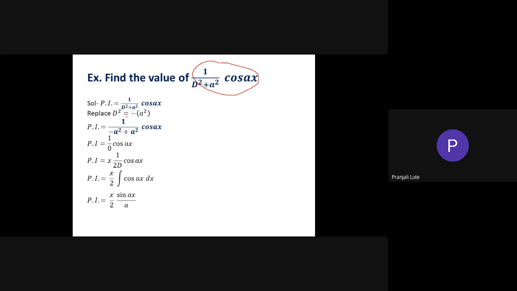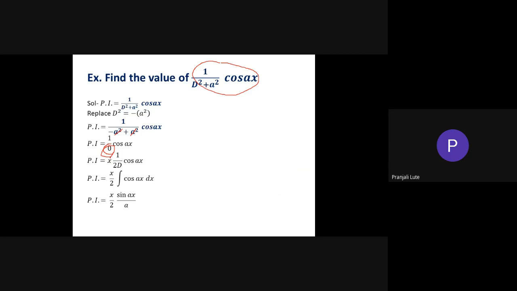So replace D square by minus of a square. So here D square is minus a square plus a square into cos ax. Minus a square plus a square getting cancelled. Denominator will be 0. So 1 upon 0 into cos ax. Again, case is failure. So case is failed.